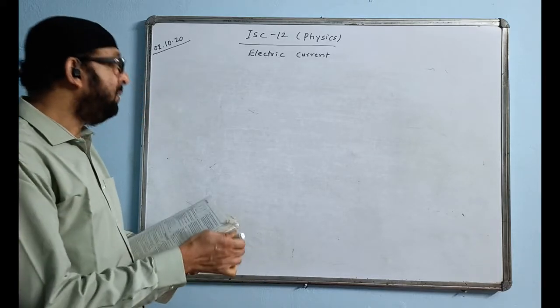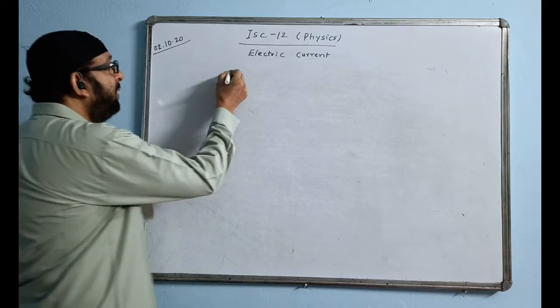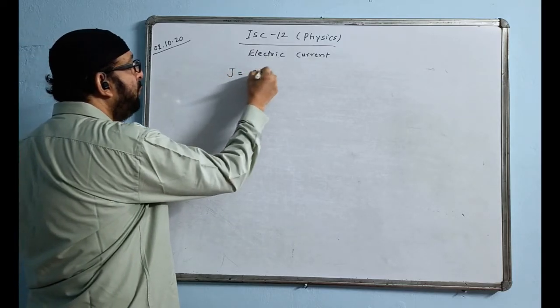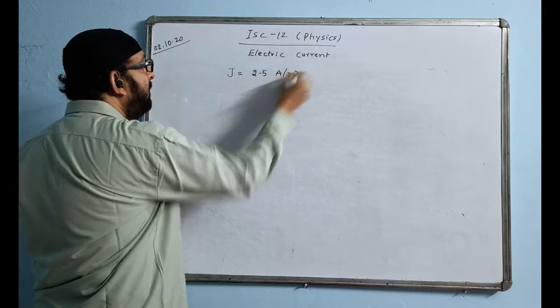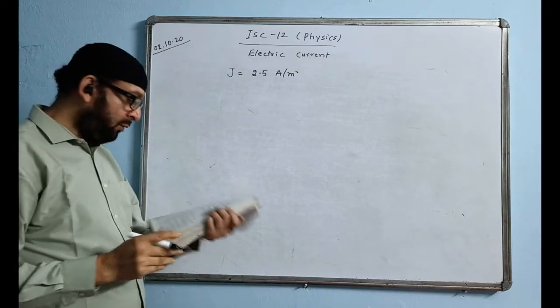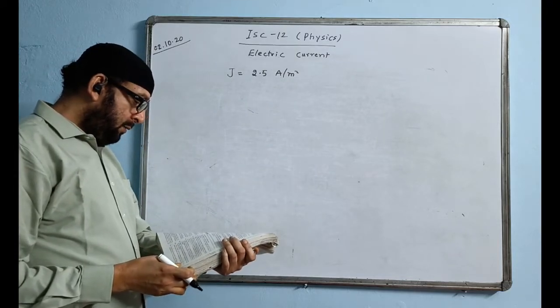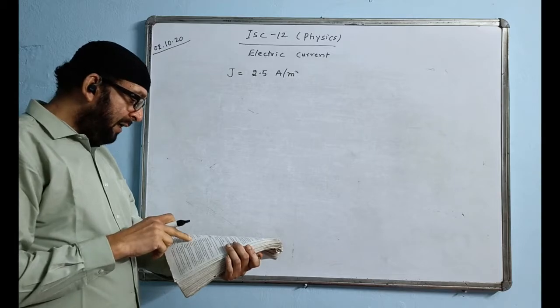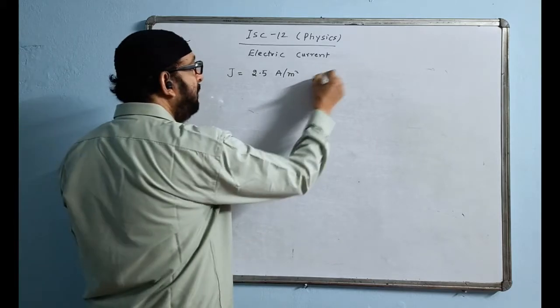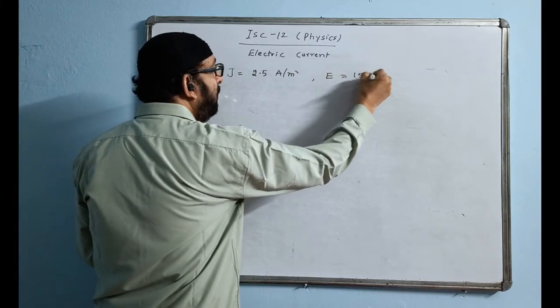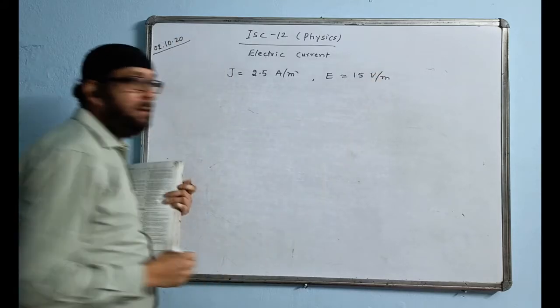So I write down the information. They are saying current density J value is 2.5 ampere per meter square is found, when an electric field of 15 volt per meter is applied on it.